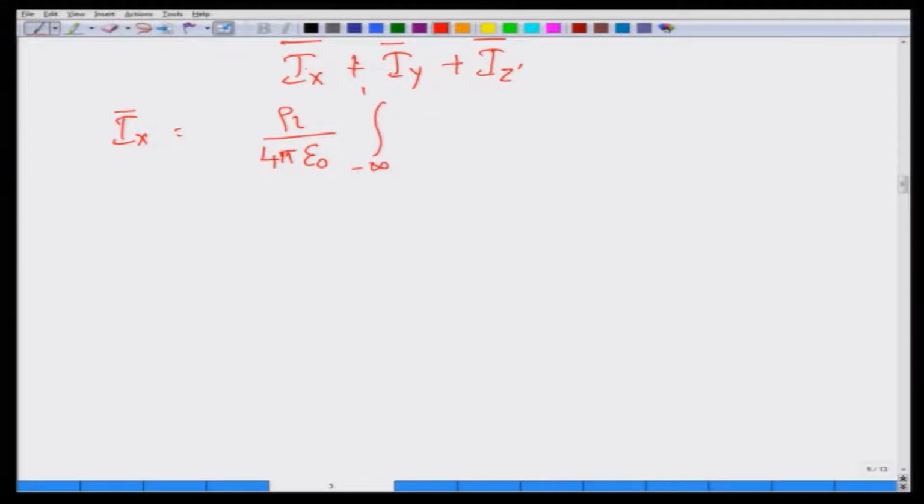The limits are minus infinity to plus infinity, the integration variable is z prime, and there is x square plus y square plus z prime square to the power 3 by 2, and there is x into x hat. So this is the vector.